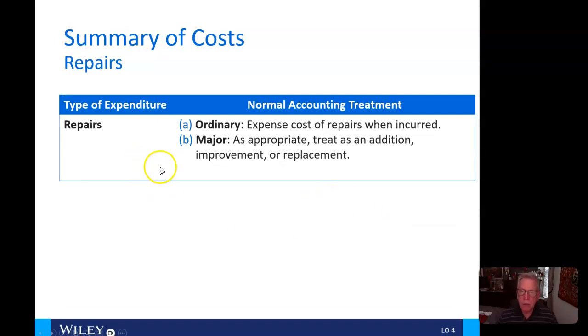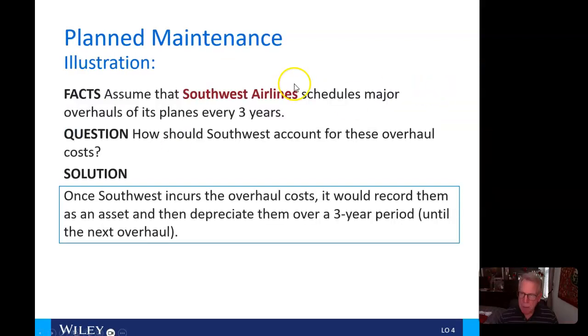All right, summary of repairs. That's an easy one. Alpha, ordinary repairs are expensed. If it's a major repair under Bravo, we treat it as an addition, an improvement, or a replacement. Planned maintenance. Let's look at Southwest Airlines. They're going to schedule major overhauls of its planes every 3 years.